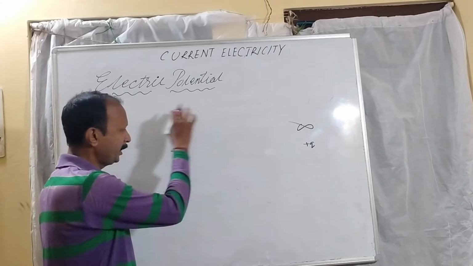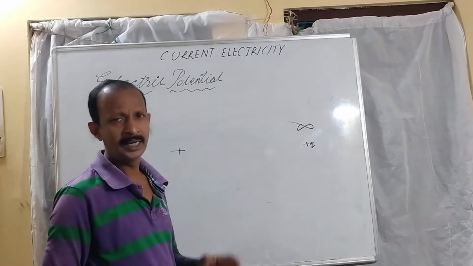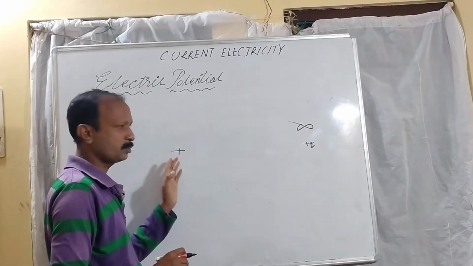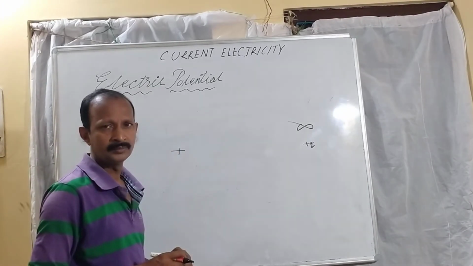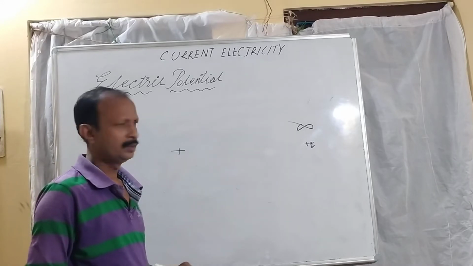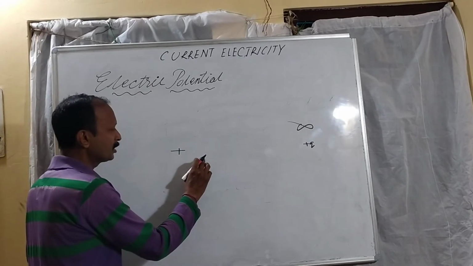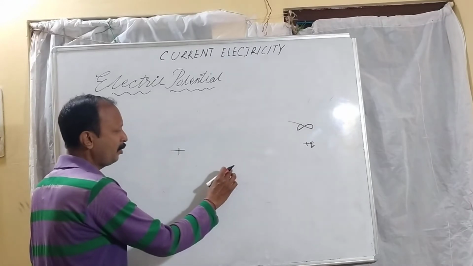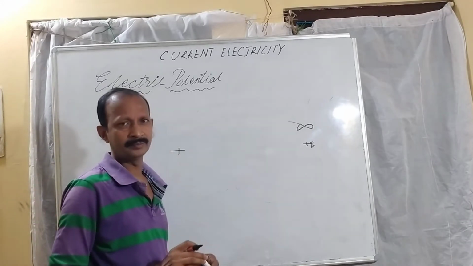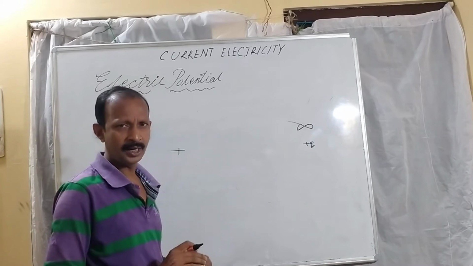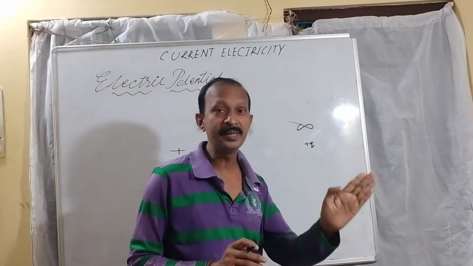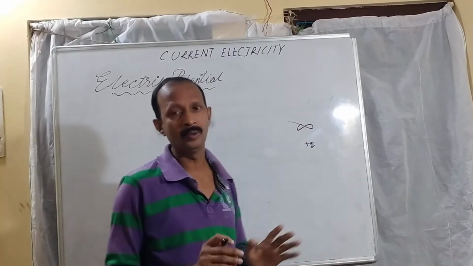Surrounding the charge particle there is an electric field. That means we can feel the influence of this charge particle surrounding it. Up to how much distance we can feel? What is the influence of charge particle here? If I move away, it will decrease, but it won't end. So we consider that the influence of this charge particle at infinity is 0.